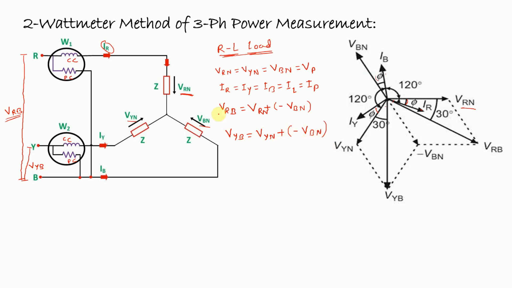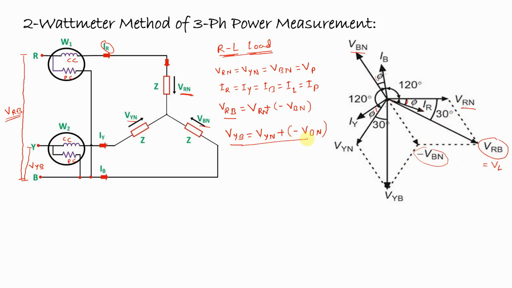So to find these two line voltages, here we draw the reverse direction of VBN. This is the positive direction of VBN, so this will be the reverse direction of VBN, that is minus VBN. If we add VRN with minus VBN, then we will get the voltage VRB, and it is equal to the line voltage.